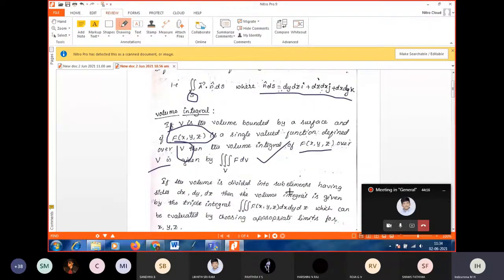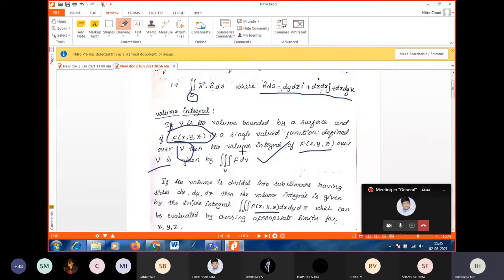If the volume is divided into small sub elements having the sides dx, dy, dz, that is, if you divide your volume into different parts with the dimensions dx, dy, dz, then the volume integral is given by the triple integral of f of x, y, z dx dy dz.